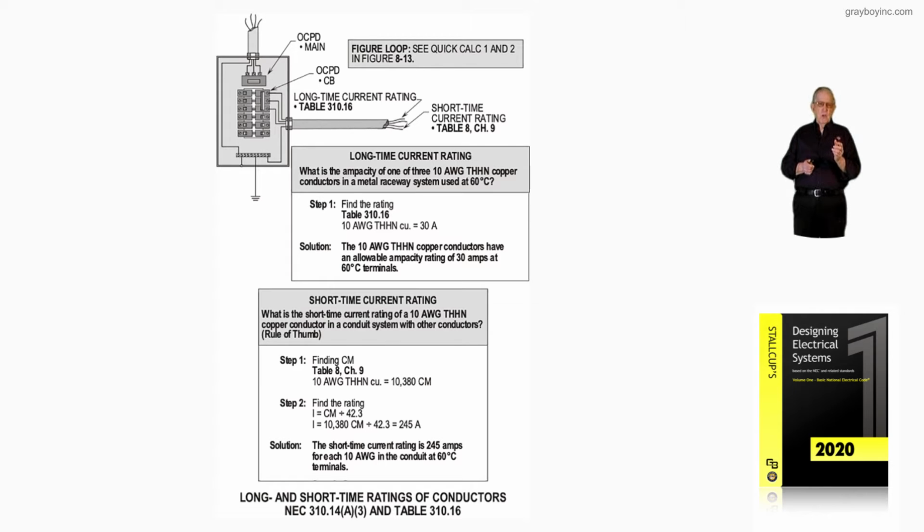And for the short time current rating, you take the circular mils of a number 12 wire and divide it by 42.3, the constant. So a number 12 wire, according to table 8 of chapter 9, 6,530 circular mils divided by 42.3, we have a short time current rating of 154 amps.